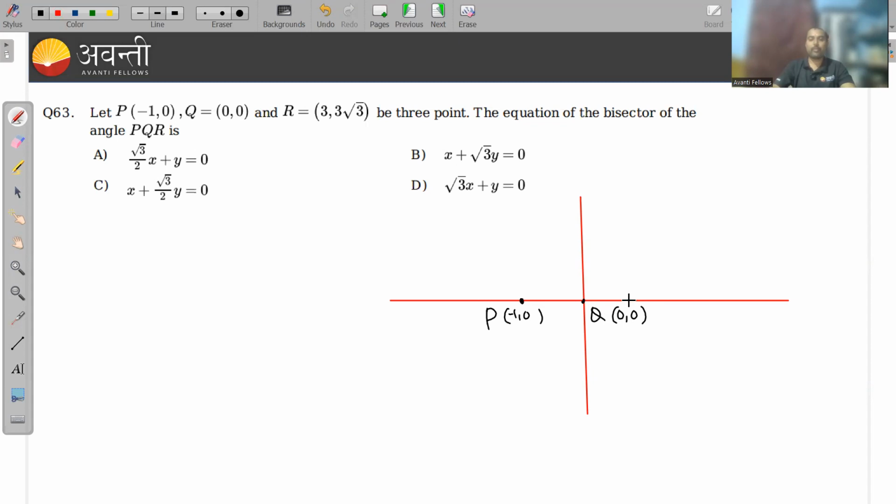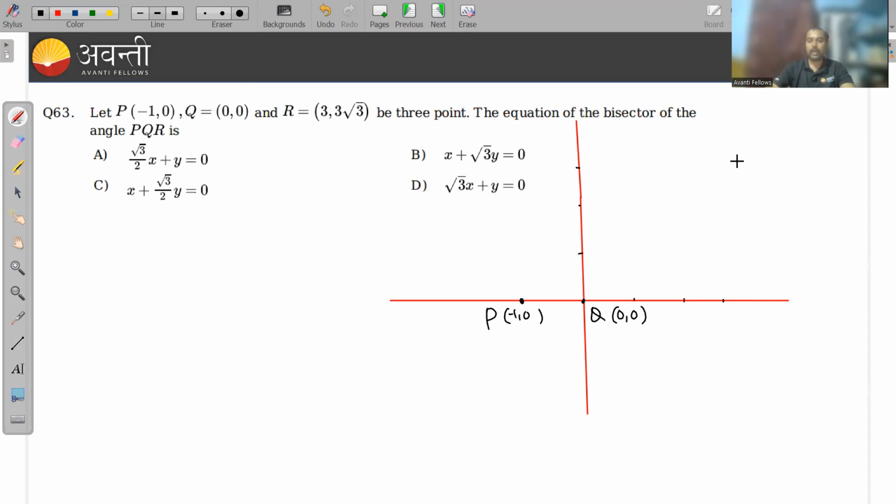And R is another point. It is given as 3√3. Okay, 3√3, I'm taking the line total. The 3√3 point will be lying somewhere around here.